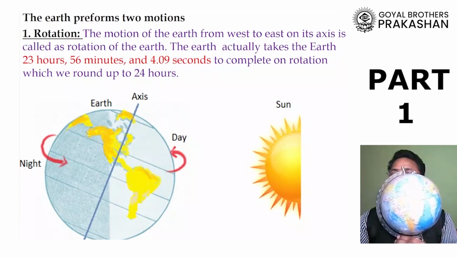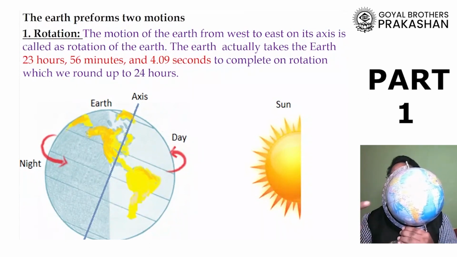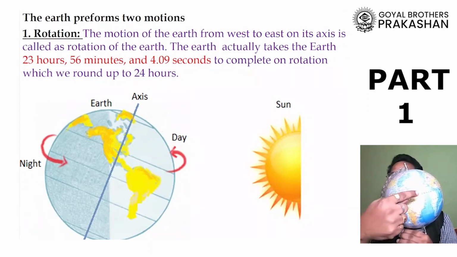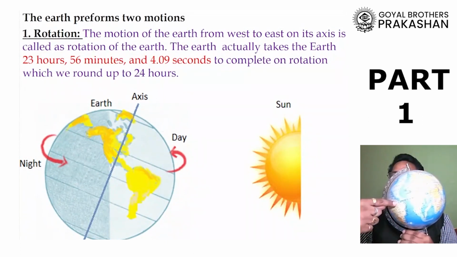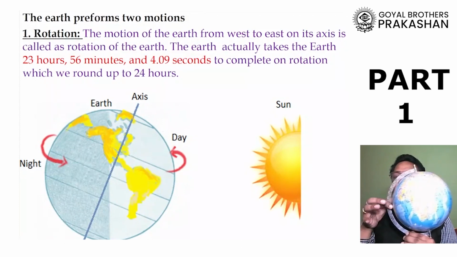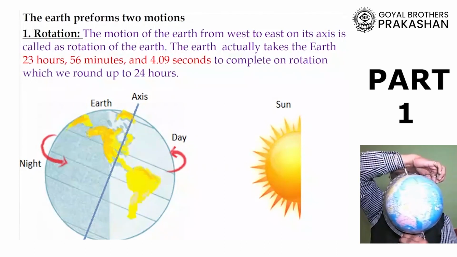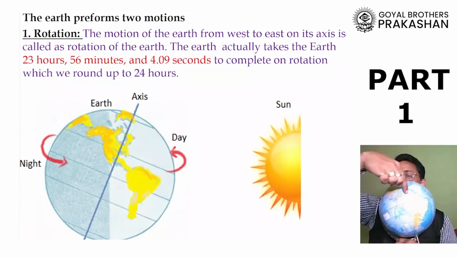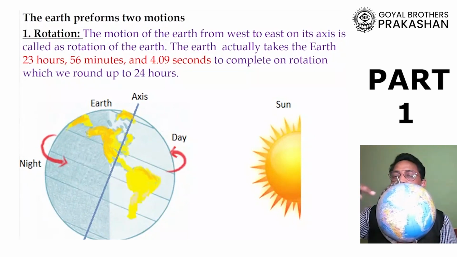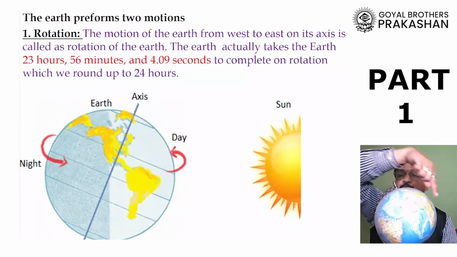Now this is the globe, dear student. If I start making the earth move this way, when it is moving around itself completely and when my hand again comes in front of you, the earth has completed one rotation.